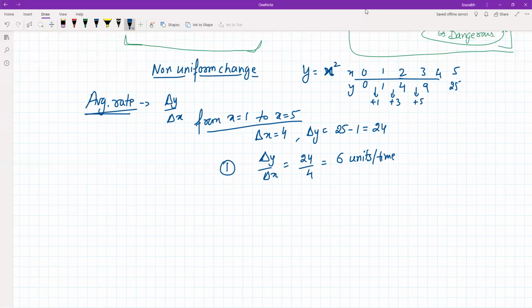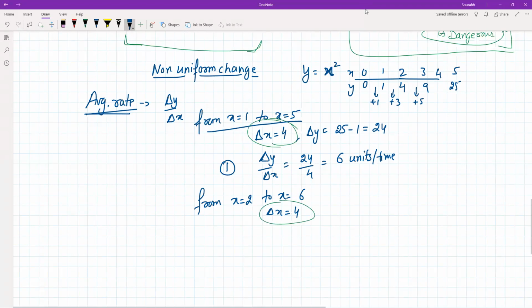Now the same average rate of change, if I want to find from x equals 2 to x equals 6, delta x is still 4. So in both cases, the change in x is the same. But what is the change in y here? If x changes to 6, y will be 36. So this will be 36 minus 4, or 32.